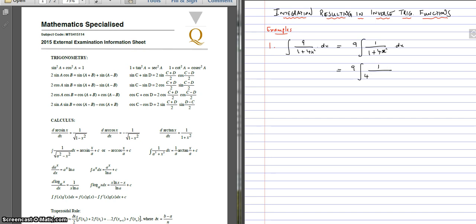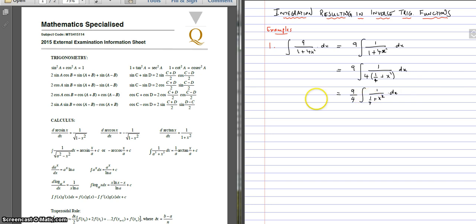When we do that, we'll be left with 1/4 plus x squared dx. We've got 1 over 4 here, so we can take that outside our integral, and we've now got 9 over 4 outside, multiplied by the integral of 1 over 1/4 plus x squared dx.